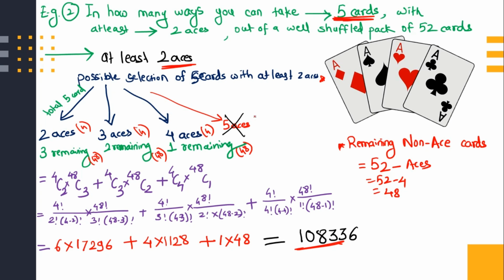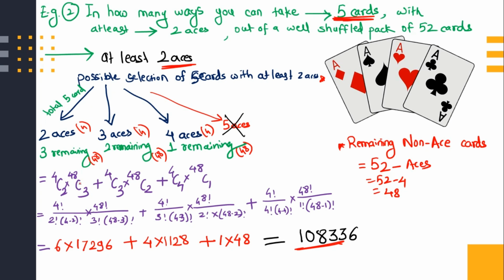As we have to take out all of these 5 cards, the remaining cards will be from the cards which are not aces. So there are a total of 48 cards. From 48 cards we are selecting the 3 remaining cards. Now if you are selecting 3 aces, 2 will be selected from the remaining card category, and for 4 aces, 1 card will be selected from the remaining category.